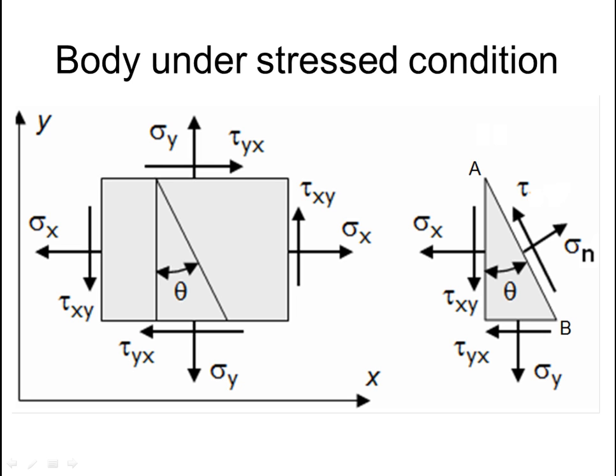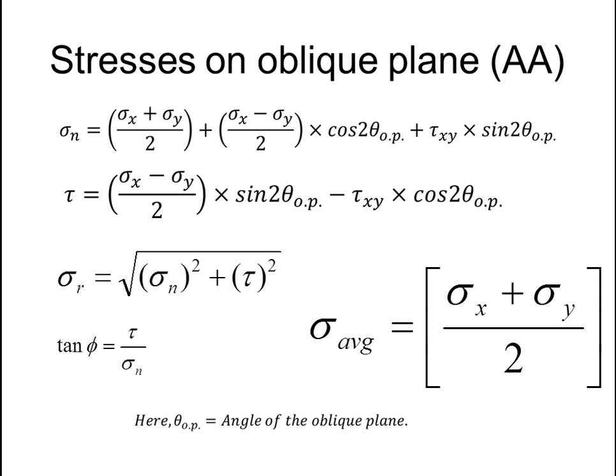These two are unknown stresses in the oblique plane AB. The known stresses are sigma x, sigma y and tau xy. The unknown stresses in the oblique plane AB can be determined by using these given formulas.